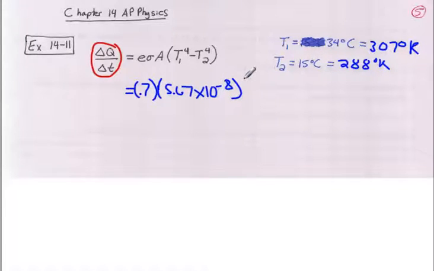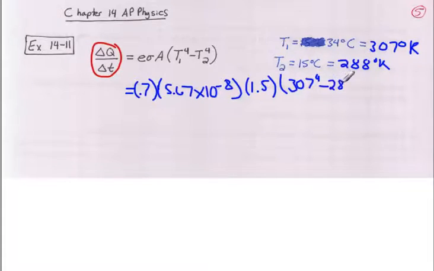And then we need some kind of surface area involved, so how much surface area of this athlete's skin is there, and the problem says that it's about 1.5 meters squared. That makes sense. I think that's a reasonable number. Anyway, then we're going to look at the temperature differential. So I'm going to start out with the bigger one, just like some of the other problems in this chapter.